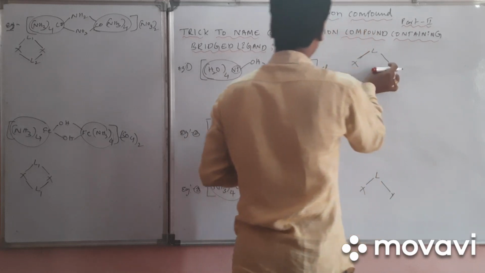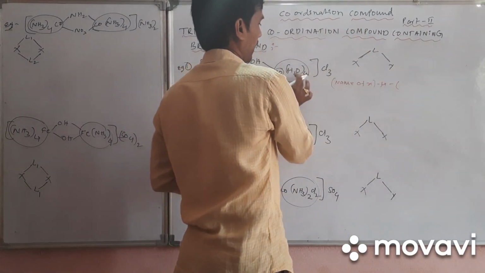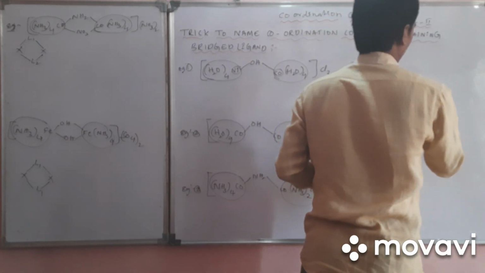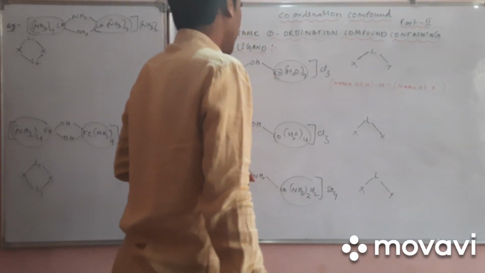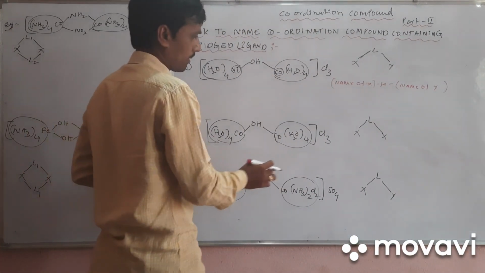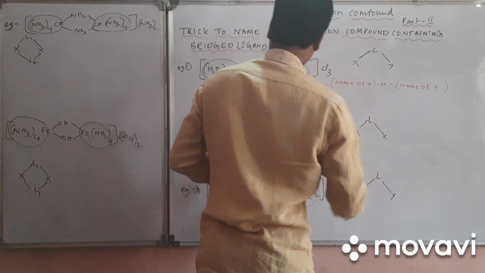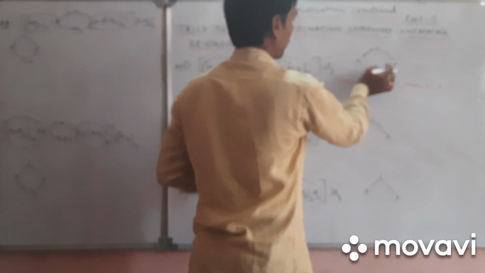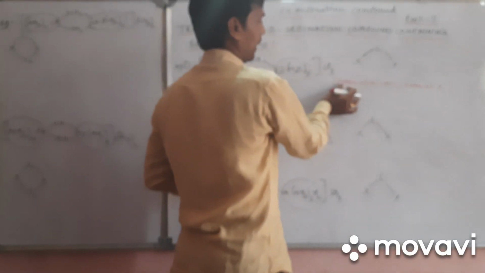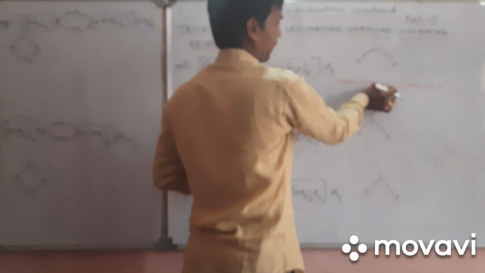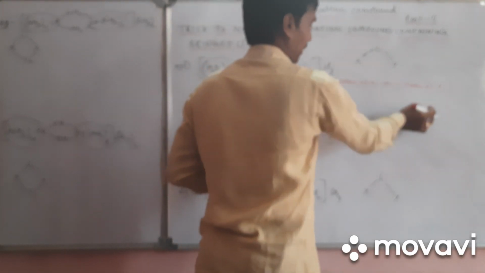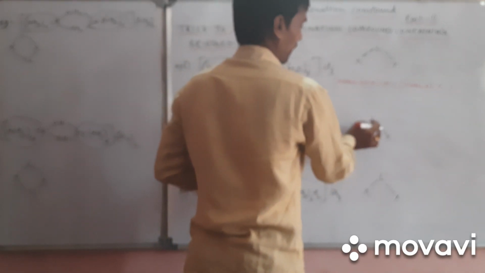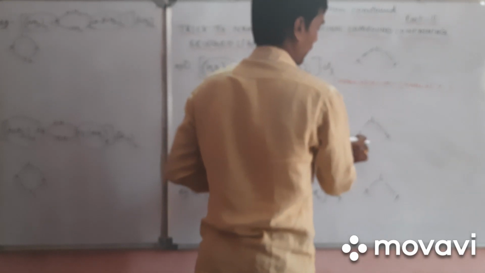Next we use the name of Y. In this case, these two are different, that's why first we take the name of X followed by the ligand name, next followed by the name of Y. But in this case, these two are the same, that's why first we use the name of the ligand followed by this one.